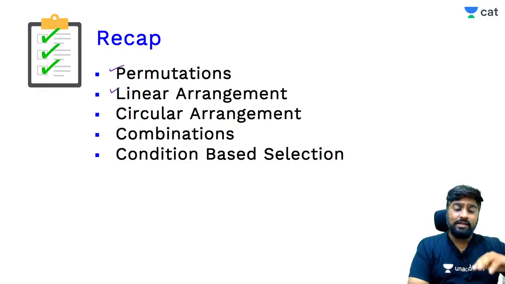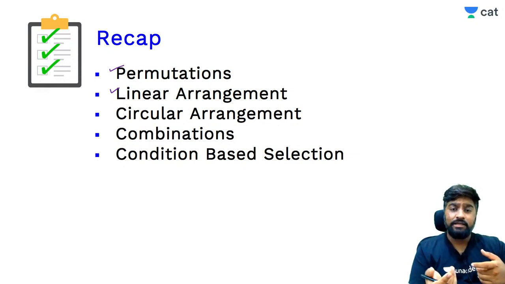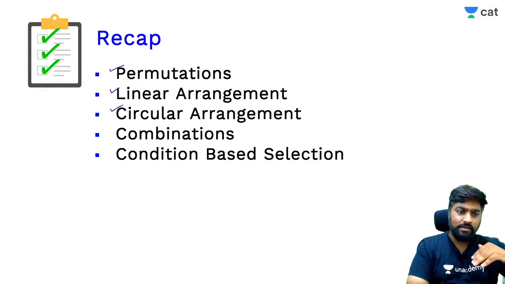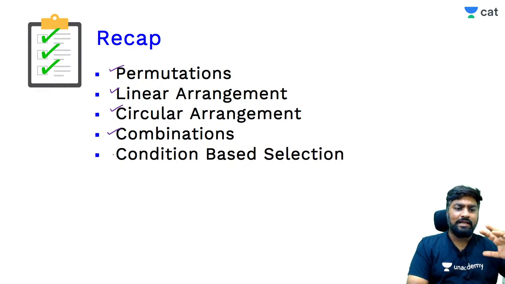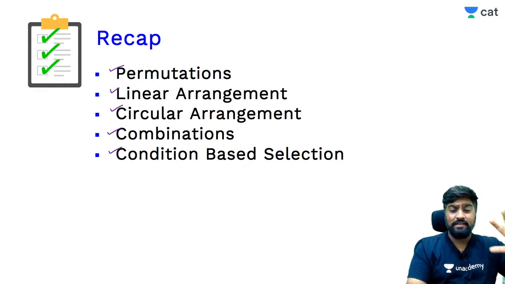We've looked at circular arrangement, where we had arrangements where orientations mattered and orientations did not matter. Then we looked at what combinations are, under what scenarios you use combinations, and what would be the standard form of looking at any combination based question. Then we looked at condition based selection, under combination. So this is what we have seen so far.